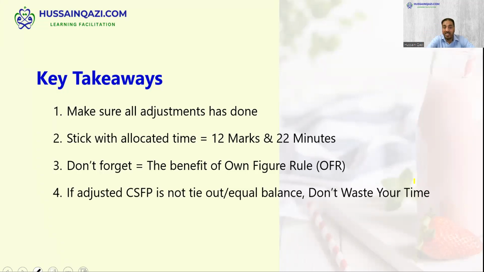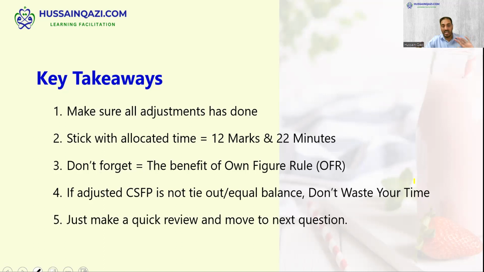If the adjusted consolidated financial statement or consolidated cash flow does not tie, having no equal balance, don't waste your time. Just make a quick review of what you have done wrong. If it does not become balanced, move on. Move to the next question.